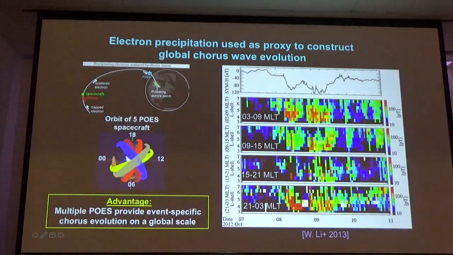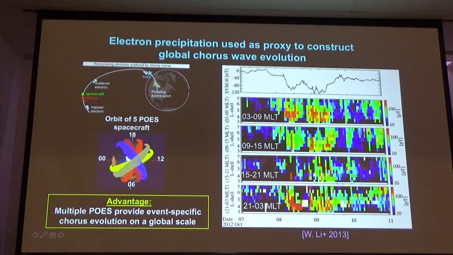Since chorus is known to provide a dominant contribution to tens of keV electron precipitation, electron precipitation measurements by LEO satellites are used as a proxy to construct a global distribution of chorus. The advantage of this technique is that multiple LEO satellites are nicely separated in a broad range of MLT, so they can provide an event-specific evolution of the waves on a global scale.